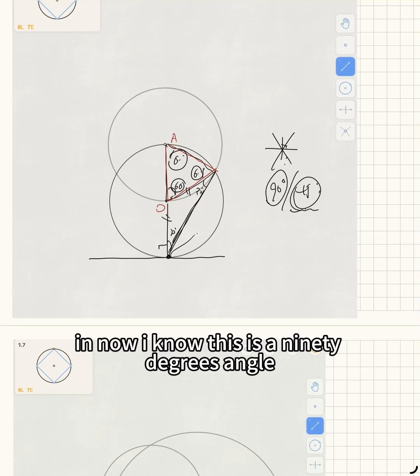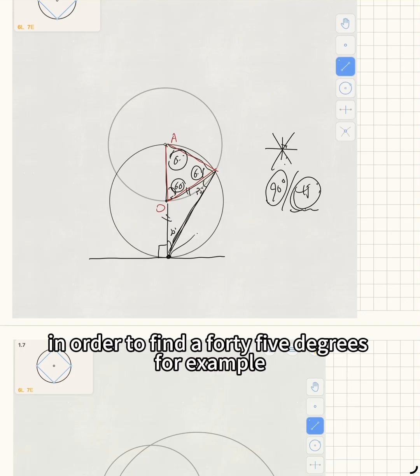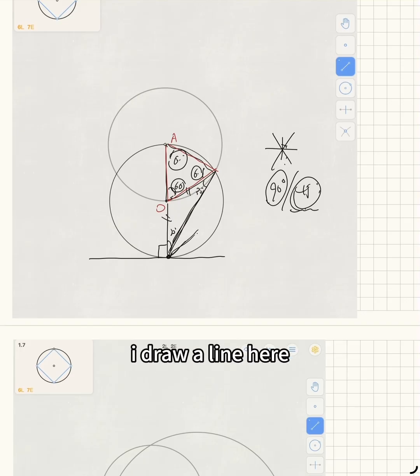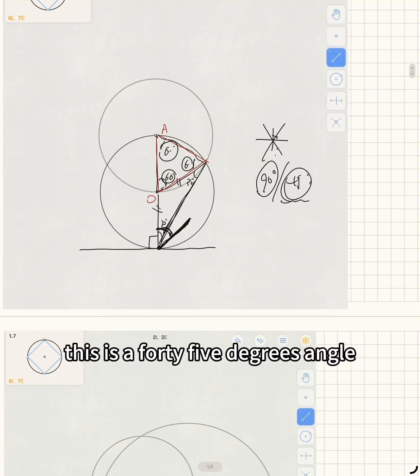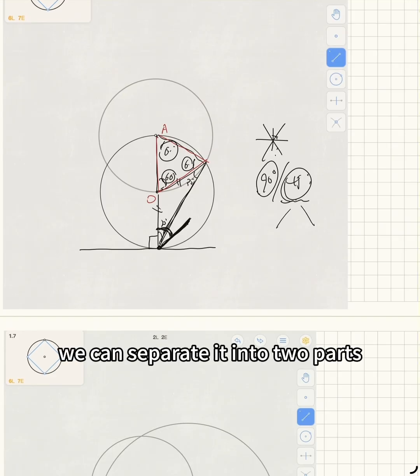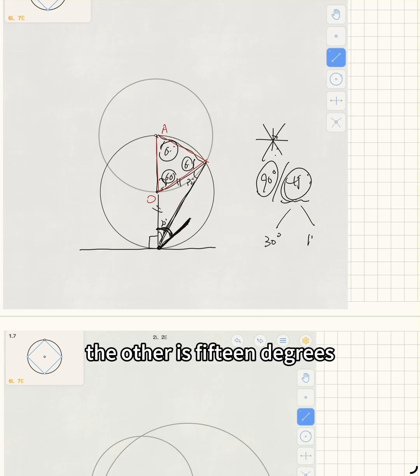Now I know this is a 90 degrees angle. In order to find 45 degrees, for example, I draw a line here. This is a 45 degrees angle. We can separate it into two parts. One is 30 degrees. The other is 15 degrees.